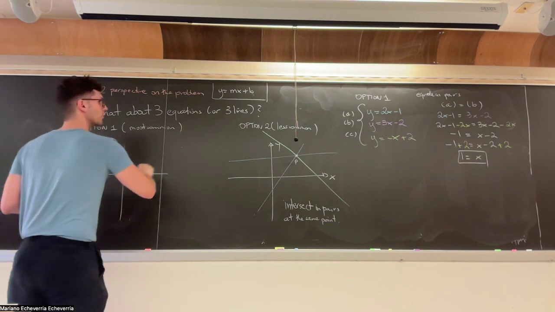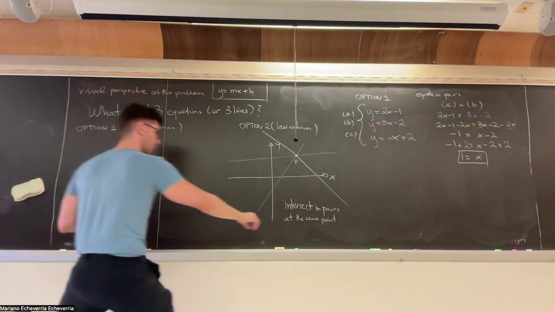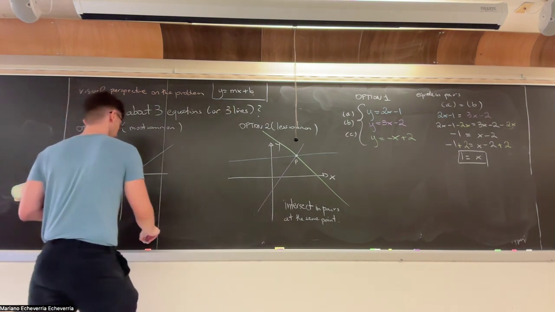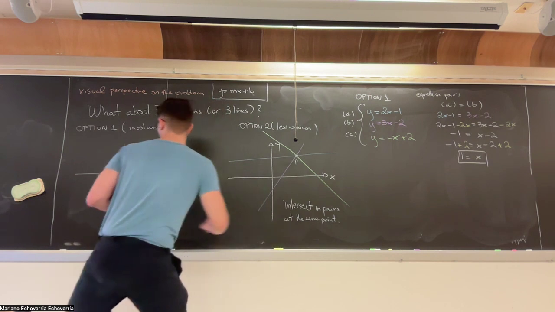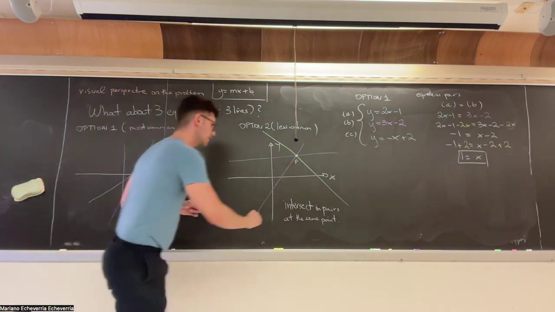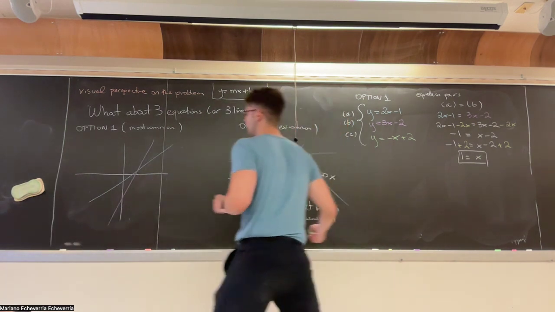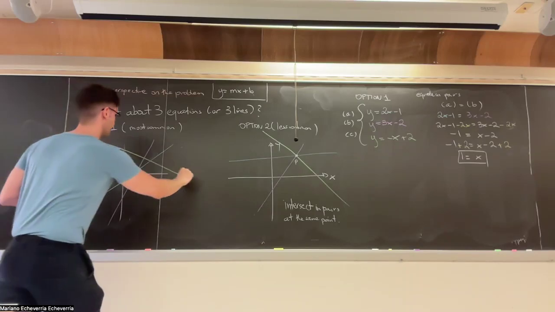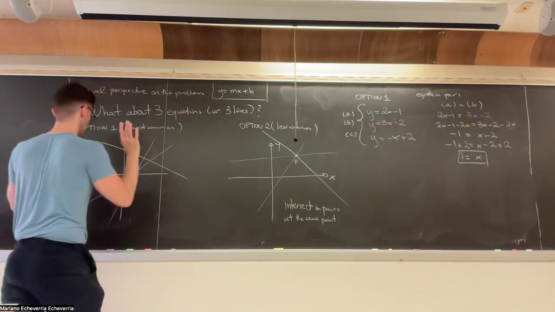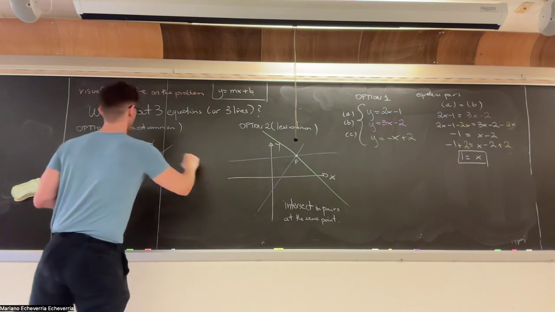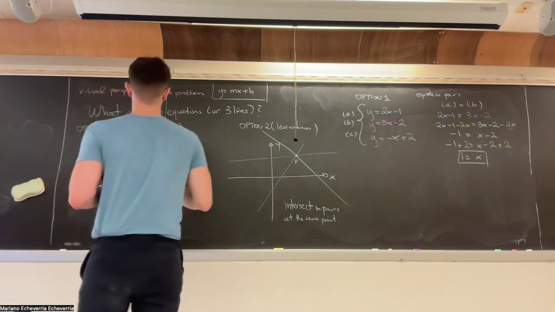The blue line passes through -1, the purple line passes through -2, and the green line passes through 2, and it's decreasing. Okay, this looks way better. I wanted the equation to match the picture.